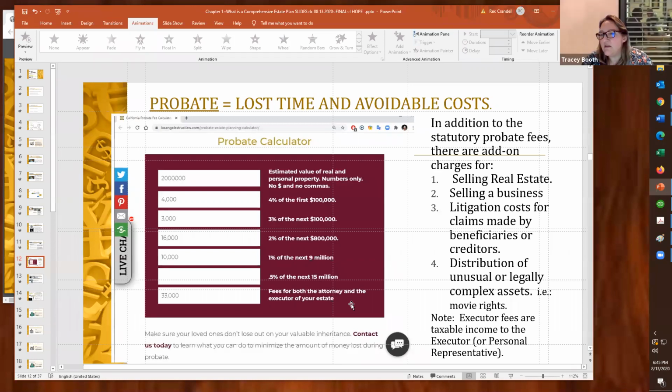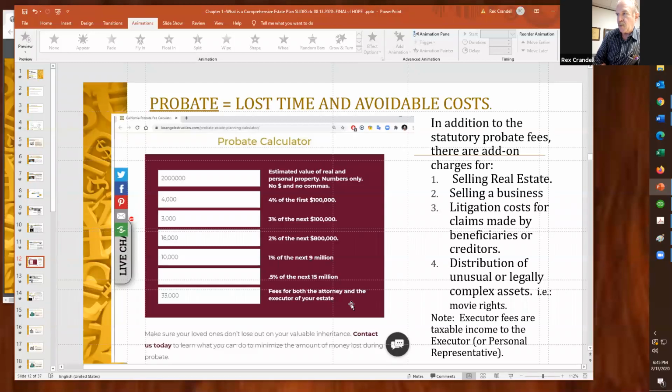Okay. And can you share the link to the probate calculator? Is that something I can get from you and send out to attendees? It looks like losangeles.trustlaw.com. I can send it to you, but it's also on the screenshot. I'll get that from you tomorrow, and I'll send it out with everyone's certificates. There are several of these; this is only one of them.